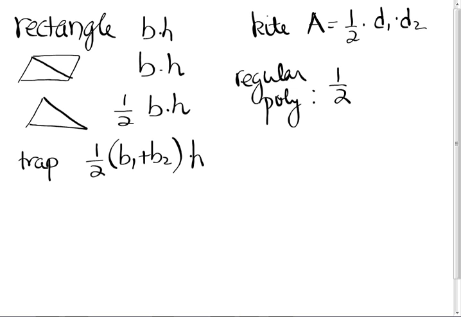It's 1/2 AP, or 1/2 the apothem times the number of sides times the length of the sides. That's all there is. So it really isn't that much to have to know. It's a short unit. But once I get right triangles in here, it's going to make things more complicated. Not this unit, but we will come back and do this again.